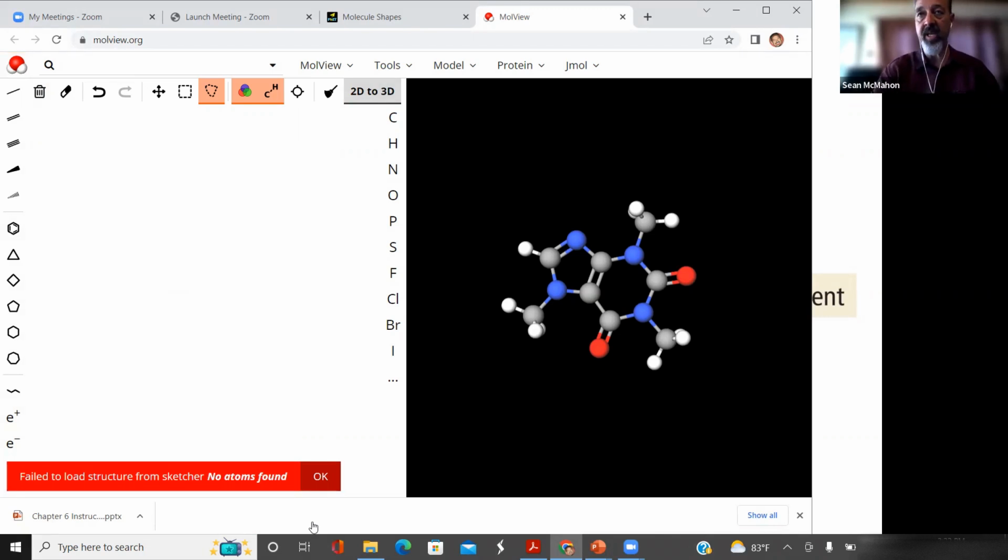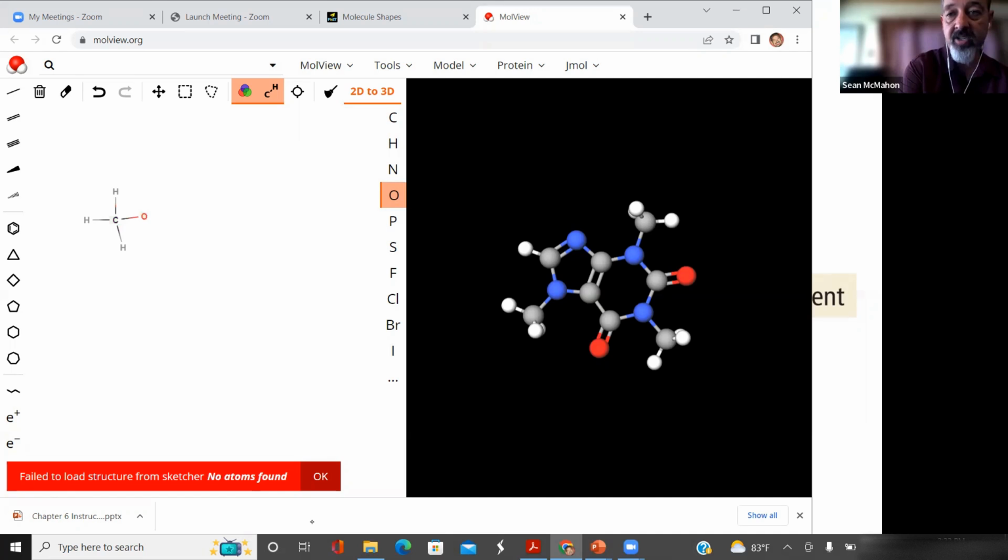So what did we have? We had a carbon. The carbon had 3 single bonded hydrogens. So I press single bond, I go to hydrogen, 1, 2, 3. But it had the 4th bond to an oxygen. So now I go oxygen.